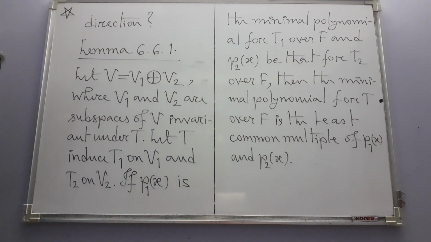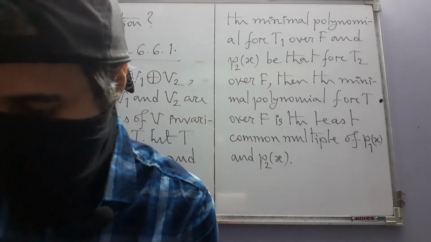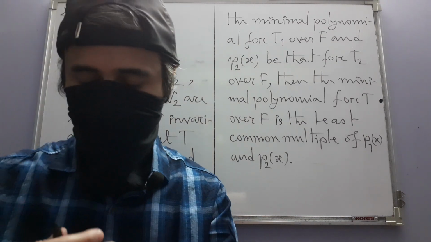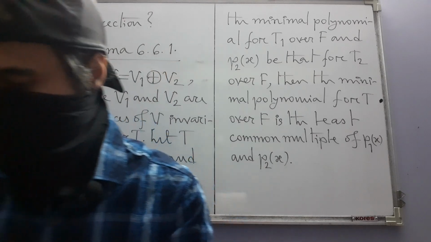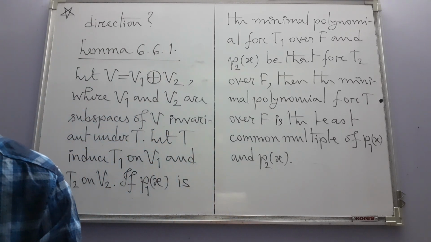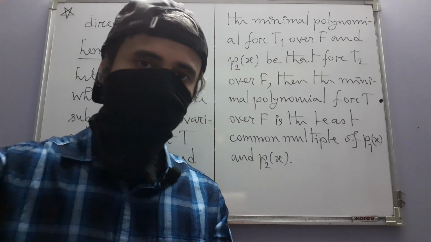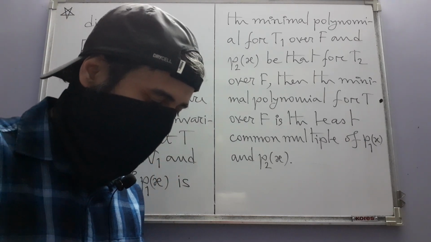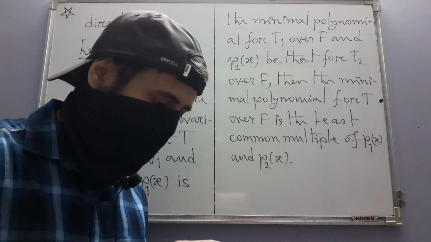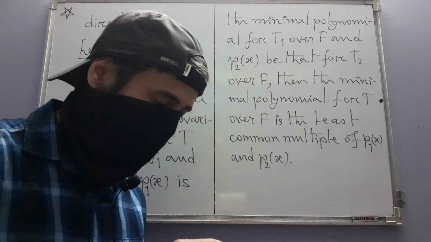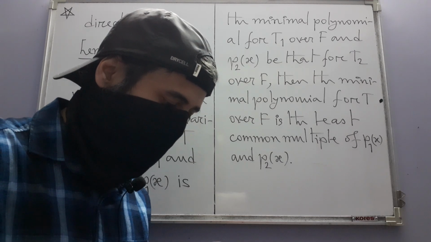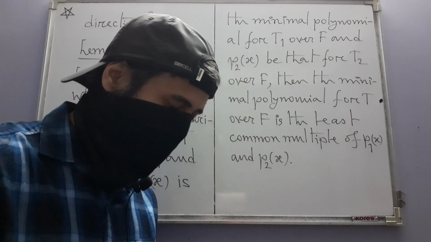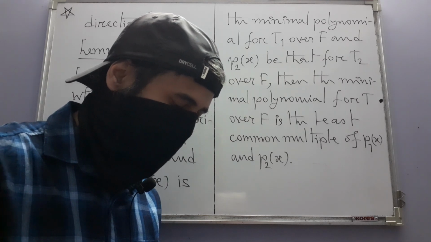Now, before we see the proof, let me just put some ink. I forgot. Okay, so just give me a moment. And also, before we start the proof, you may notice something about this statement. See, whenever we say LCM of two polynomials, what comes in your mind? I mean, do you recall something from ring theory?